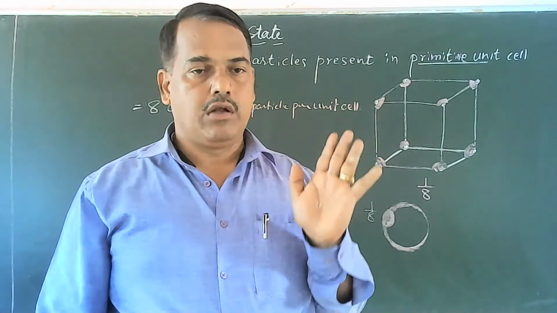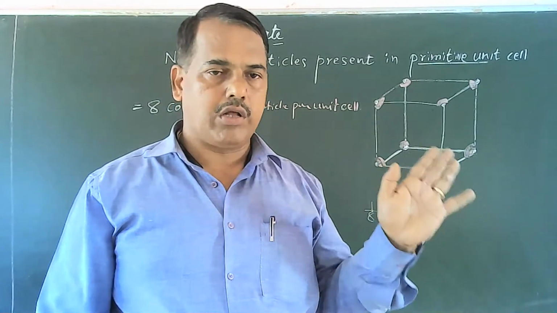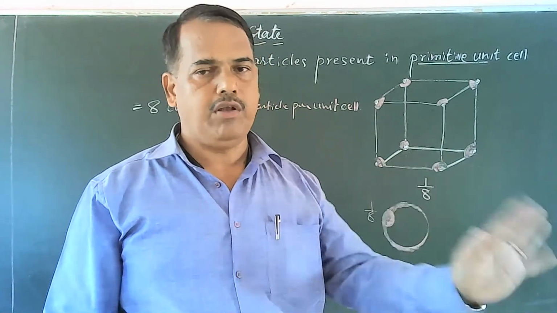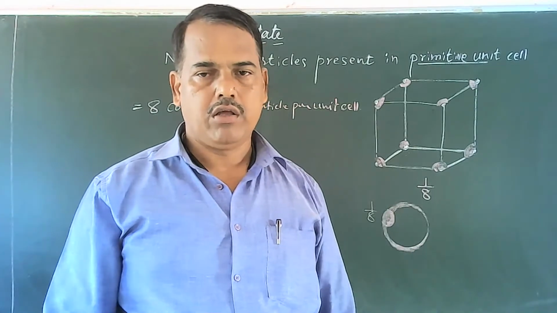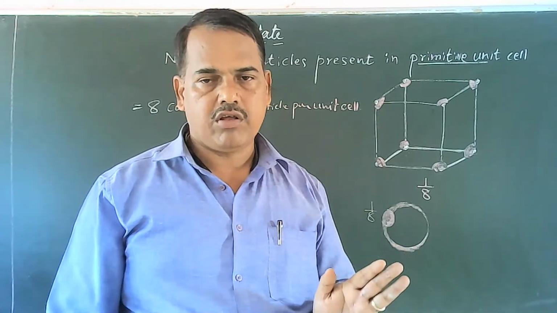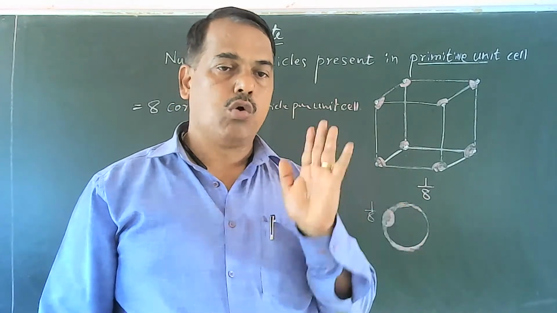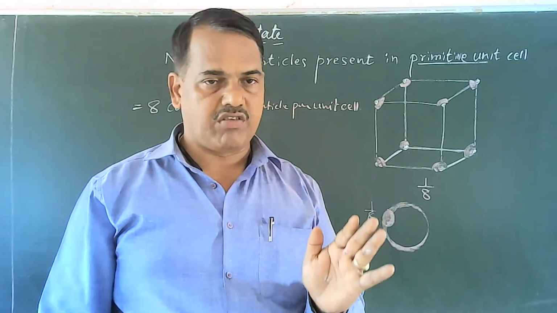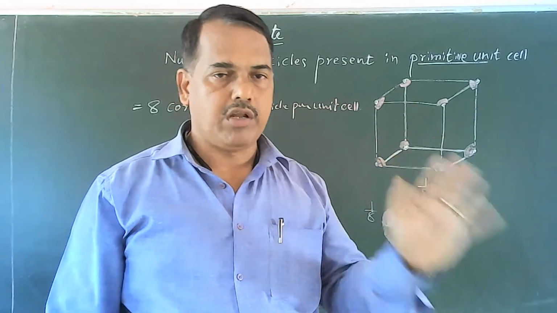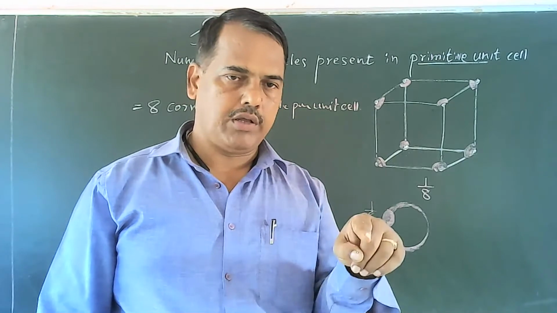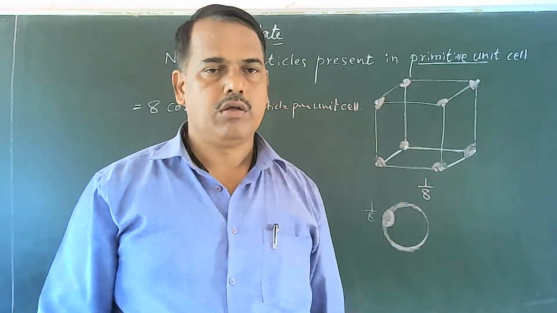So you have to calculate the number of particles or atoms present in a primitive unit cell or simple unit cell. How many particles is it? It is nothing but one atom. The total number of atoms present in a primitive unit cell is only 1. 8 into 1 by 8 is equal to 1.